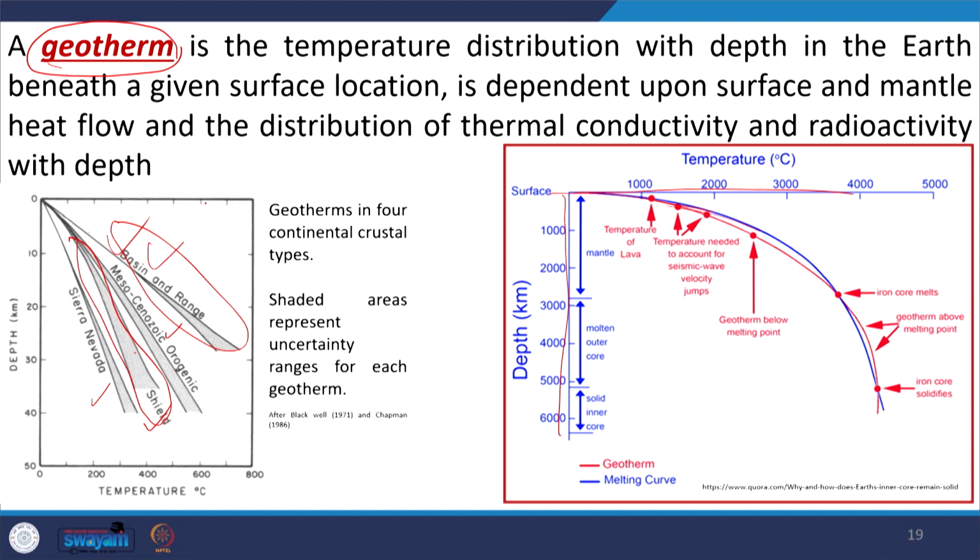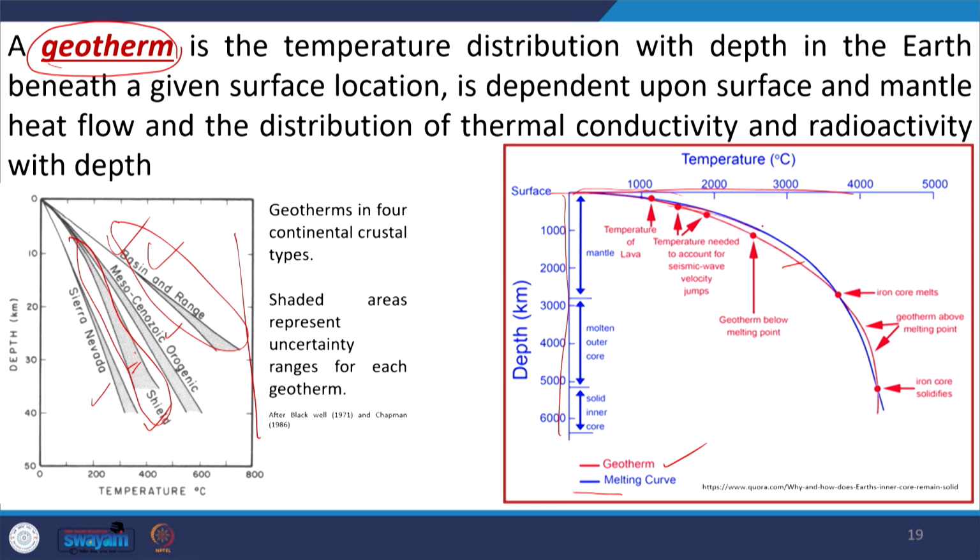The geotherms for four continental crust types are given here, and the shaded area represents the uncertainty range of each geotherm. Now, as the geotherm increases, we have two graphs here: the red one represents the geotherm, and the blue one represents the melting curve.